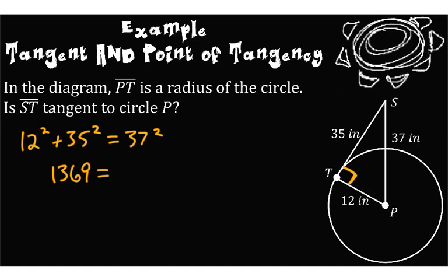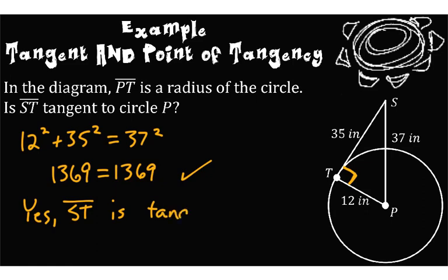And when we do 37 squared, we get 1,369. And that is true. So yes, segment ST is tangent to circle P.